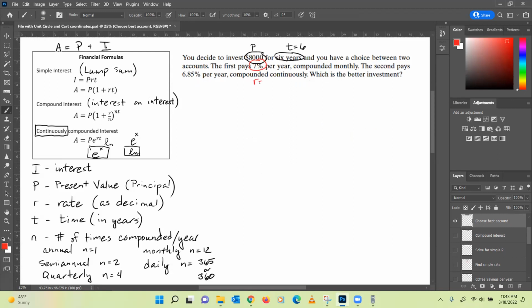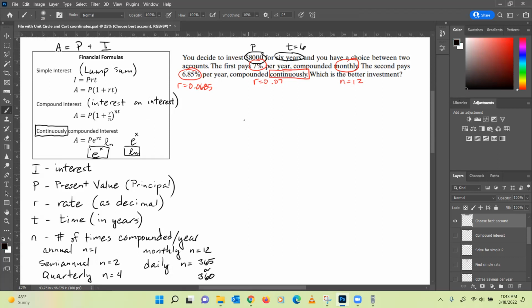So R would equal 0.07, compounded monthly, which means N equals 12. Or do I want 6.85%? So R equals 0.0685, compounded continuously. There's that magic word that says I use a different formula.